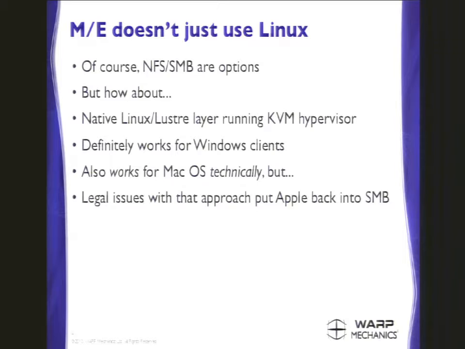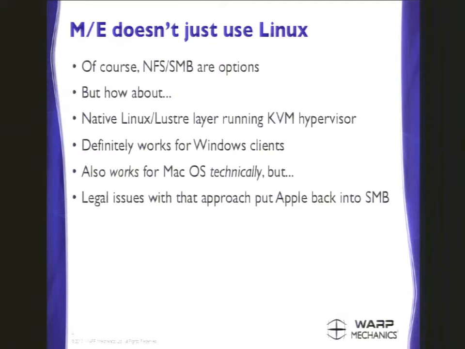The biggest problem with using Lustre in a media and entertainment customer environment is that the movie studios or gaming companies don't necessarily use Linux as a uniform operating system. In fact, there's a lot more Mac OS and Windows. So we've experimented with a few different modes of getting Lustre support.